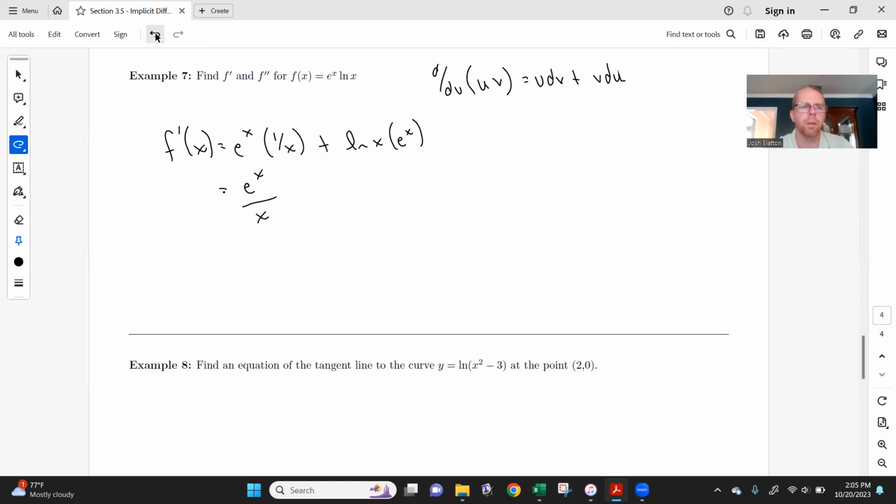Actually, what we could do, let's just factor out the e to the x. That's all we'll do. So factor out e to the x, and then we have 1 over x plus ln of x. All right, so that's our first derivative. And now we have a second derivative. And so now we can use the product rule again.